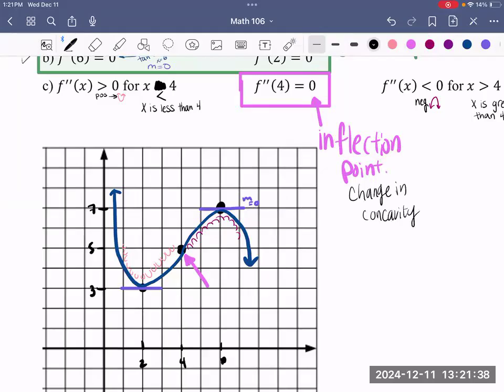So that just means your tangent line here must cross your graph at some point. So your tangent line will cross. Everywhere else, it doesn't. Right here, it should be decreasing, then it starts to increase, and then it switches. And there you go.